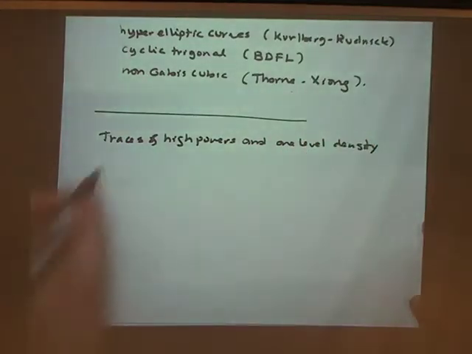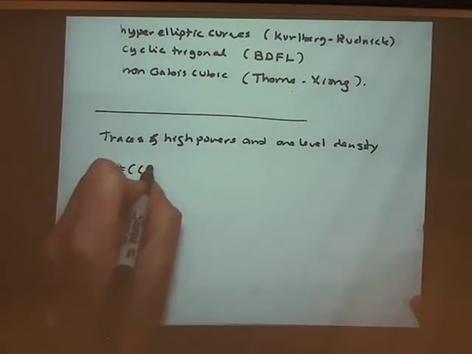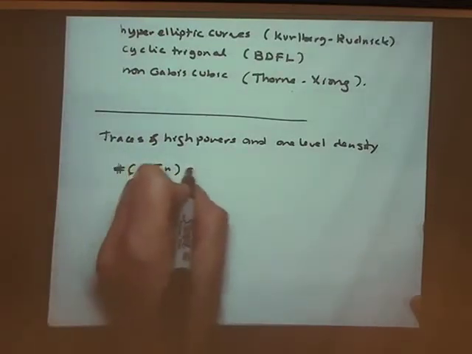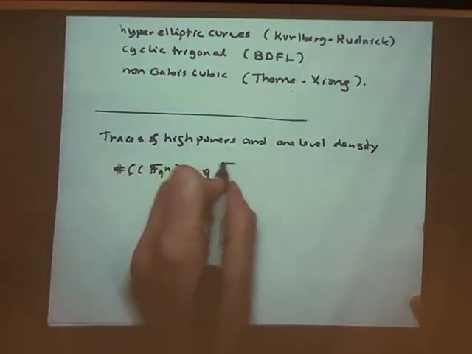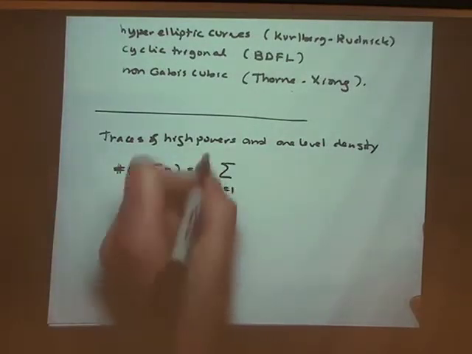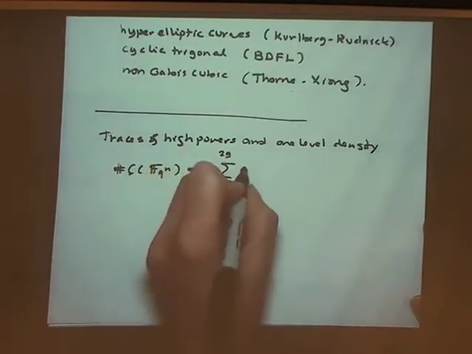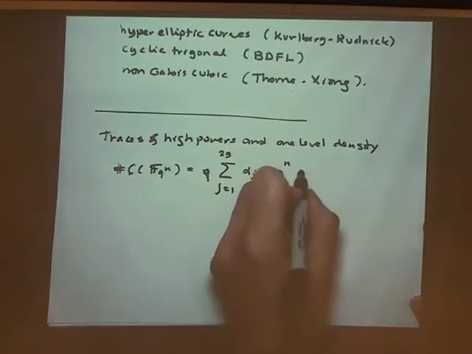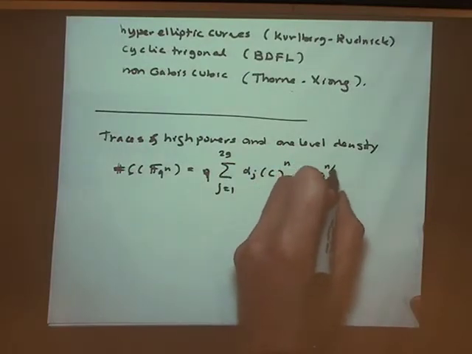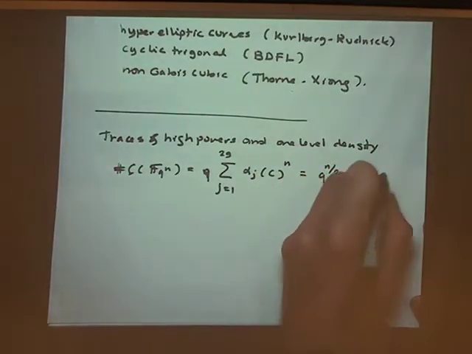So what does it mean? I want to look at the number of points of C over FQ to the n, which is Q to the n plus 1 minus the summation, j equals 1 to 2g, of alpha_j(C) to the n. And I'm going to write that as Q to the n over 2 times the trace of this matrix.